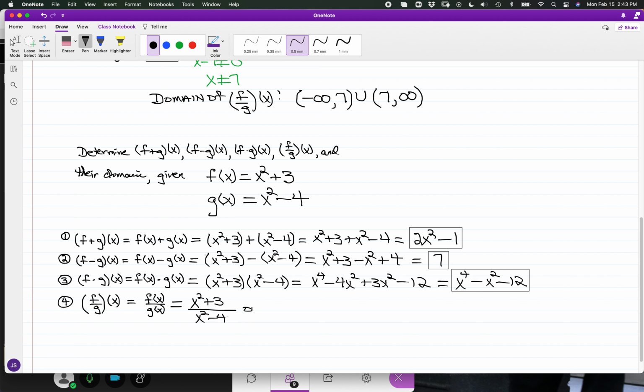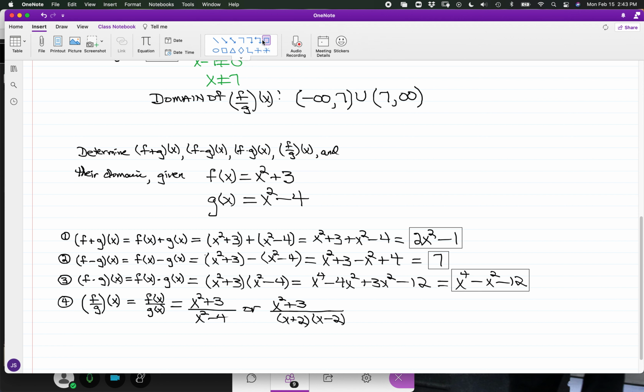There's no common factor that will cancel between the numerator and denominator. You can leave the quotient function as it is, but if you were to express it in factored form, x squared minus 4 becomes the quantity x plus 2 times the quantity x minus 2.